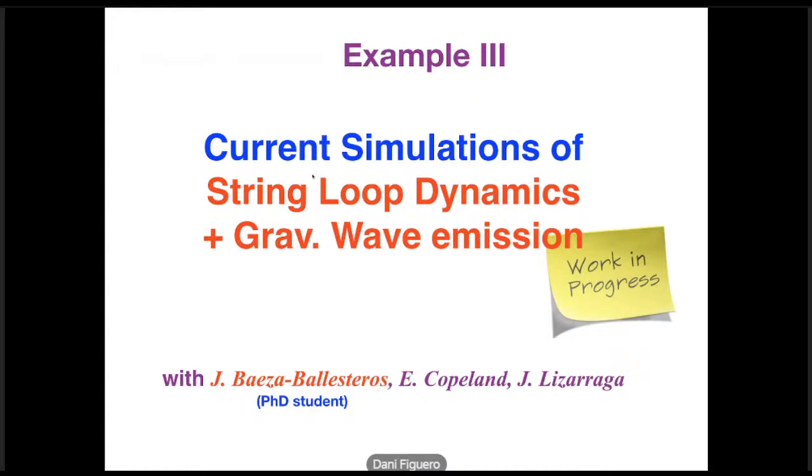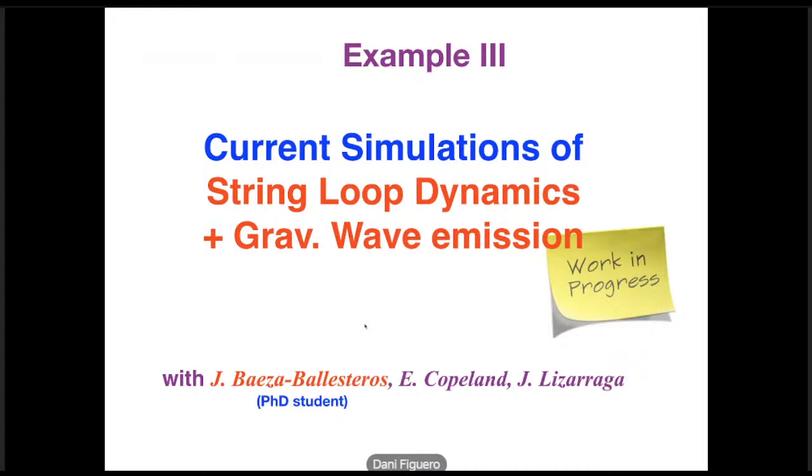Here I'm gonna show you how to simulate a single loop from a whole network of cosmic loops, of cosmic strings, sorry. And these are simulations with my student Jorge Baeza Ballesteros, the name of which is already familiar to you because he's also the guy who did the gravitational wave module.